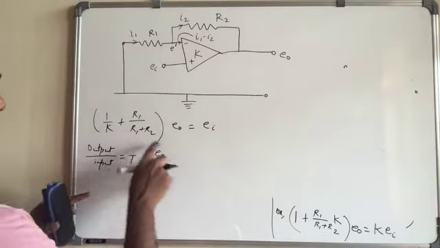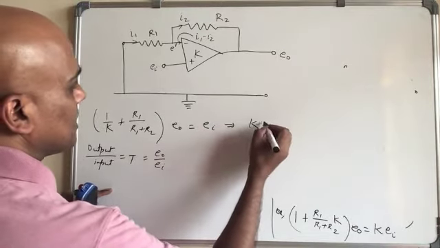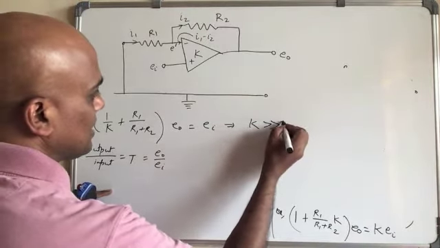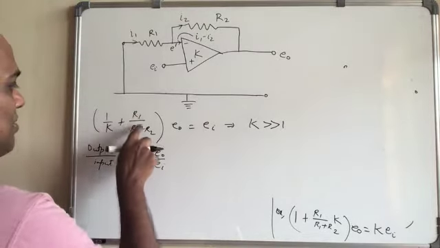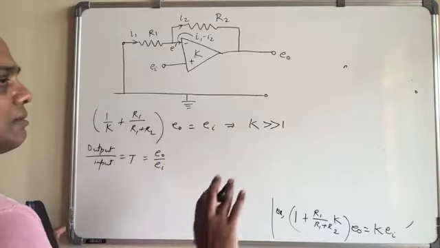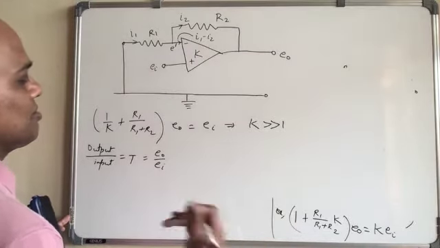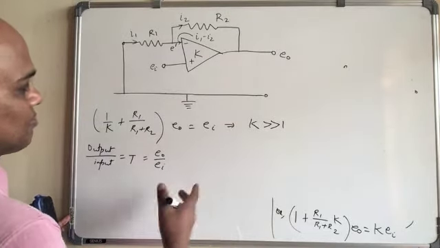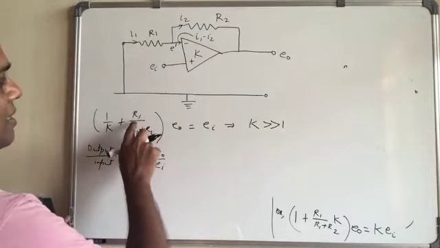However, one more simplification we can do here, since K is very much greater than 1. R1 over R1 plus R2 will be around 1, a little bit less, maybe 10 to the power minus 2 to 10 to the power 2, something like that. Both are positive, so this will be less than 1.